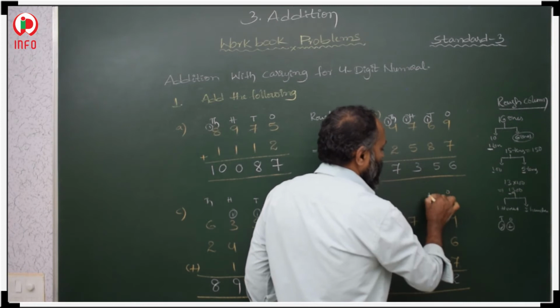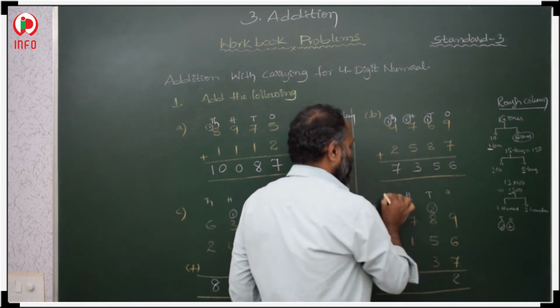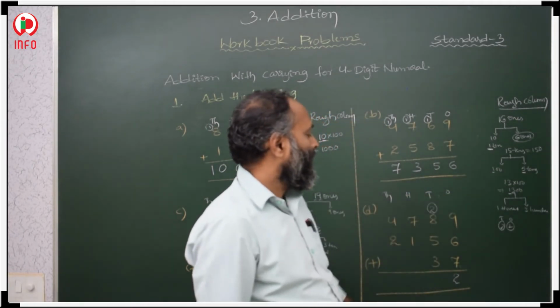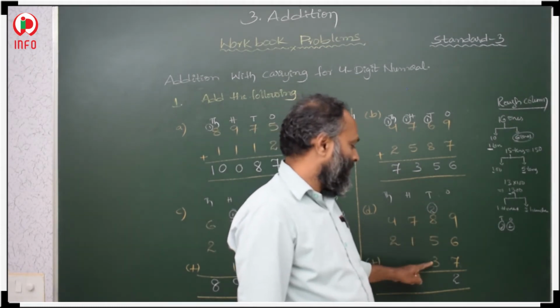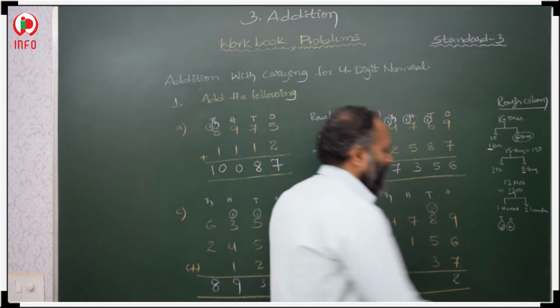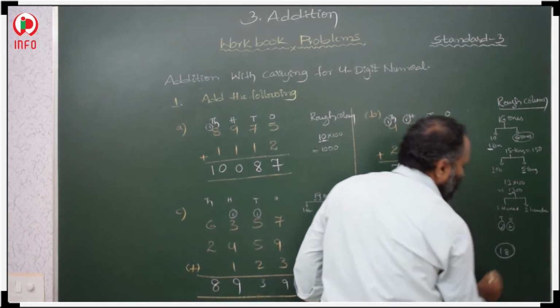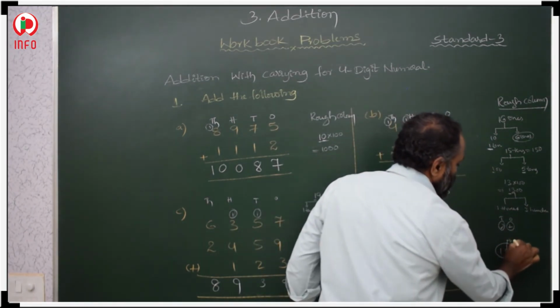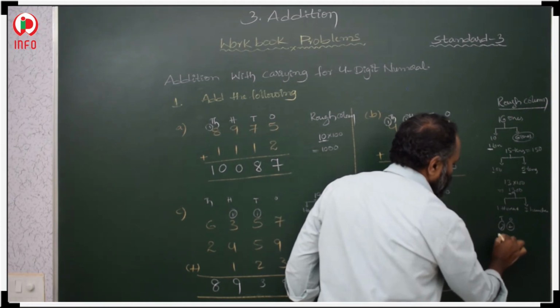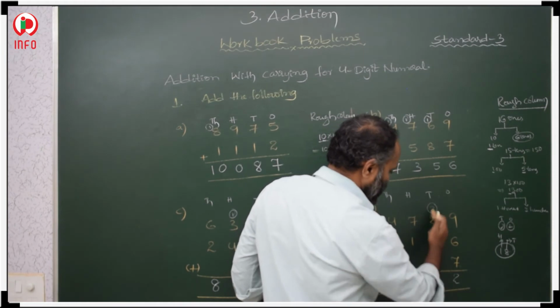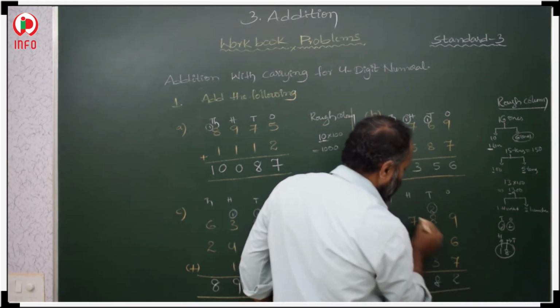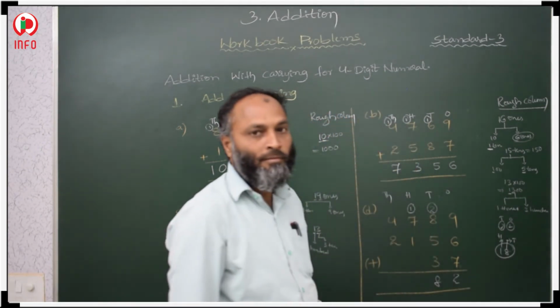Now add 8 plus 2, 10. 10 plus 5, 15. 15 plus 3, 16, 17, 18. In this 18, this represents tens, this represents hundreds. Then 8 tens in the tens place and 1 hundred in the hundreds place.